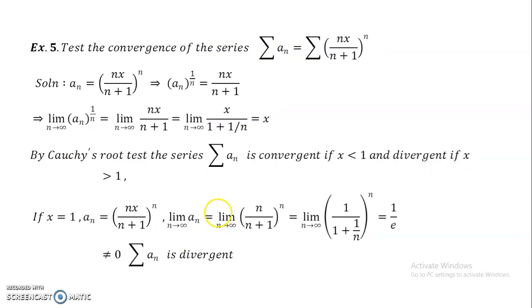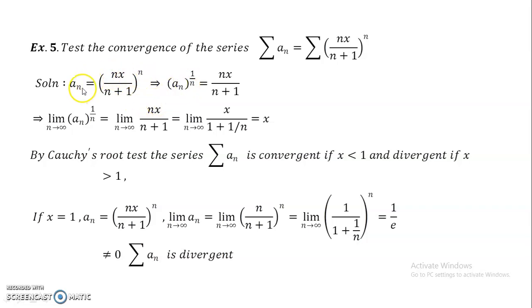And the fifth problem, again we have to test the convergence of the given series. The only difference between the previous examples and this example is that there were no terms of x in the previous examples, and here the series contains the variable x.